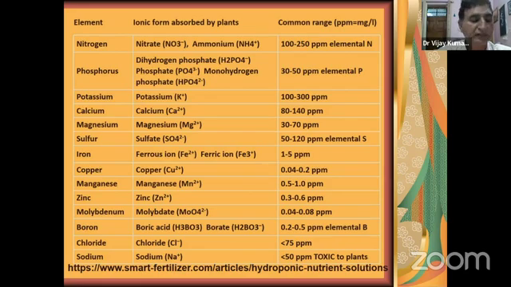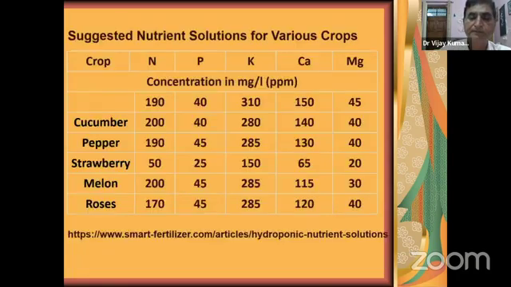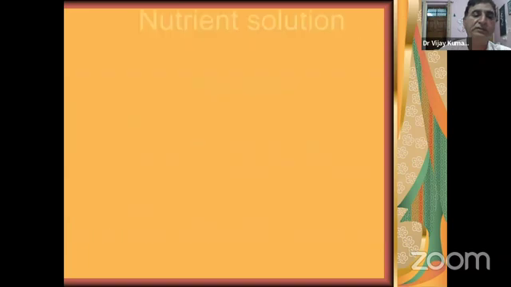In this lecture, I cannot give you all the package and practices. So we have to develop expertise on this subject, how much is to be used, so that we can make a complete package and practices. Suppose we are going for a grape crop, or an orange crop, or vegetable crops like lettuce. We have to decide these fertilizer concentrations accordingly. Similarly, for certain crops, I have given the concentration.